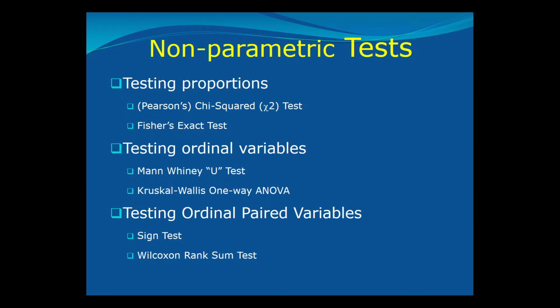To test ordinal variables, the Mann-Whitney test is used, or the Kruskal-Wallis one-way ANOVA test. If I have ordinal paired variables, we should use the sign test or the Wilcoxon rank sum test.